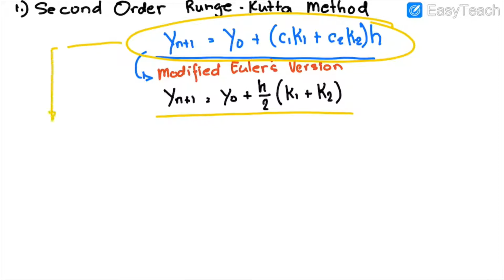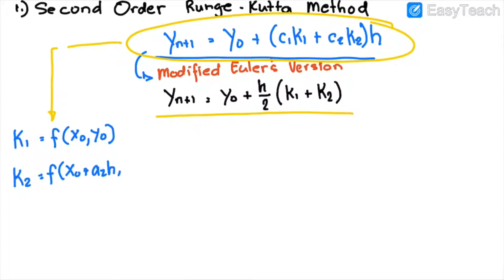Using the general formula for the second order Runge-Kutta method, we can then compute for the value of k1 as equal to the function of x naught and y naught, and the value of k2 should then be equal to the function of x naught plus a2 times the step size, and y naught plus b21 times k1 times the step size.